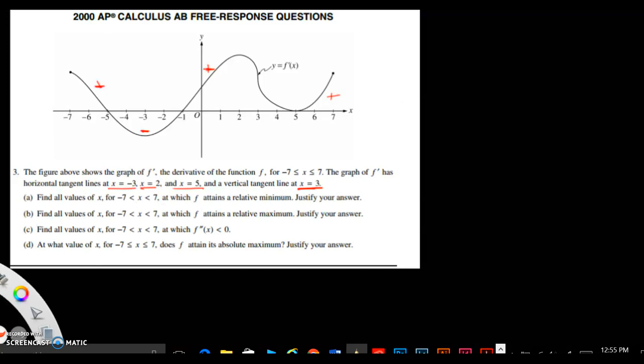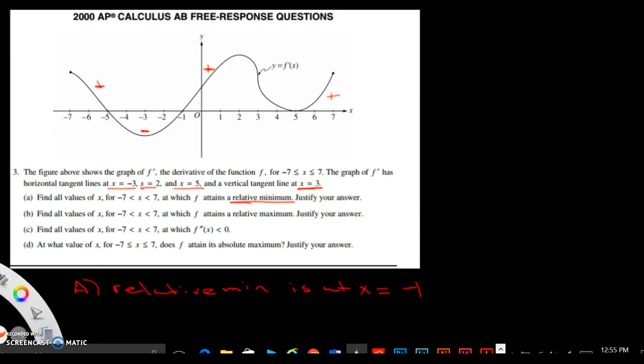So in order for it to have a relative min, it has to have a slope of 0, and it also has to change signs from negative to positive. So the relative min is at x equals -1.